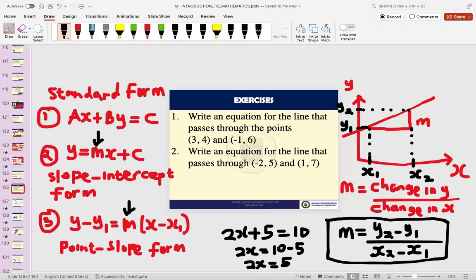For this one, it is the first type, because the first type, the x is always on the left, the y is always on the left. But in our example, we are not seeing any y. Once you are not seeing y, it means that y is 0. And on the left-hand side, we are supposed to see a number represented by c, and we have 5 representing the c.